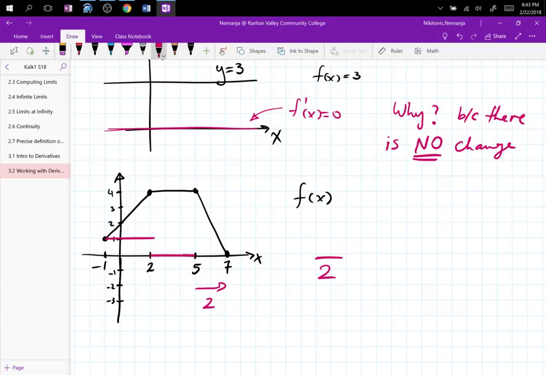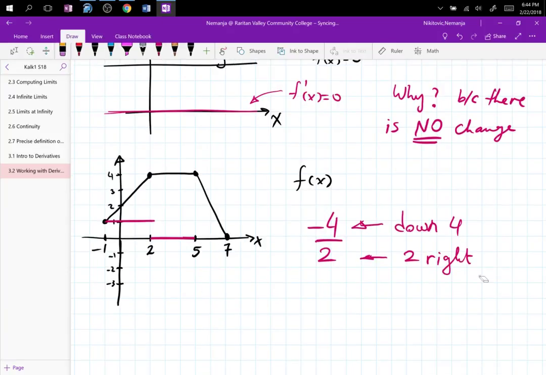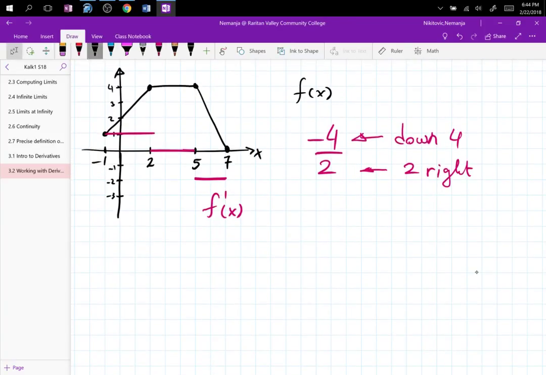And how many units are we going down from this point to here? 4. So down 4 is negative 4, and this is 2 to the right. So what's the slope? Negative 2. It's a step function, actually, a piecewise function. You have a piecewise function f of x, and you have the piecewise derivative, f prime of x.